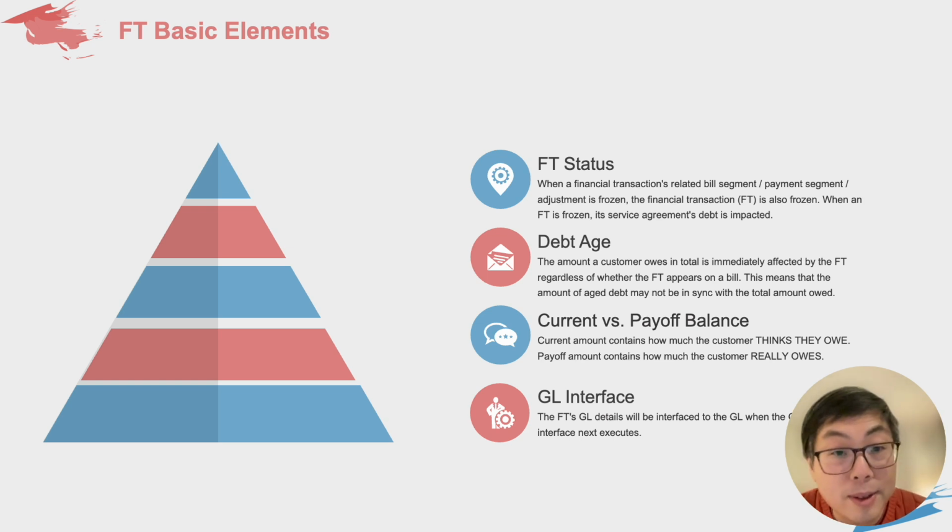In that case, your payoff amount is the whole 2-year debt, but the current amount will just be whatever you need to pay at the current time. So that's probably easier to understand. GL interface: we said the financial transaction will be categorized to a GL code and eventually interfaced to the GL.